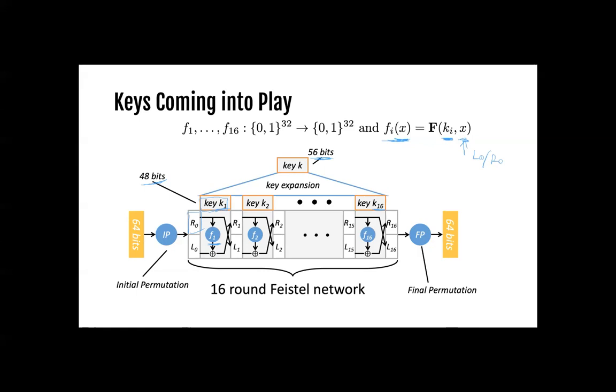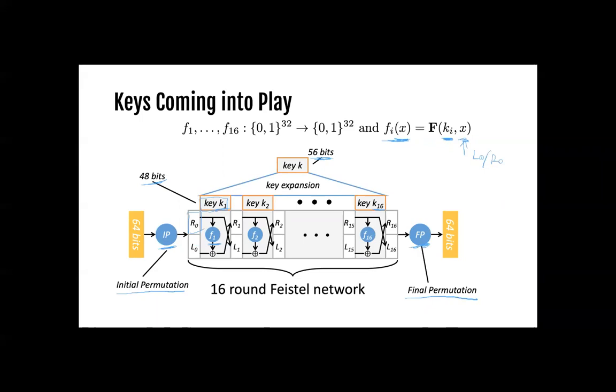And then it has an initial permutation and a final permutation. The reason why this exists is because they wanted these two functions to be coordinated with the original hardware design in the mid 1960s.